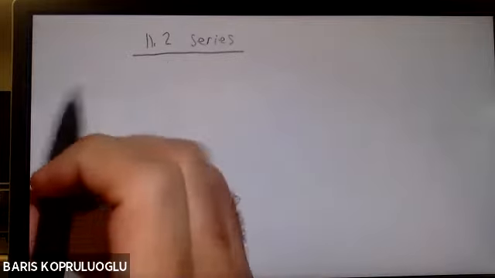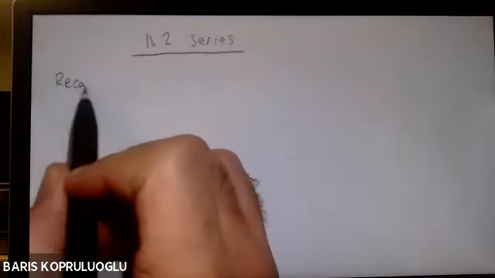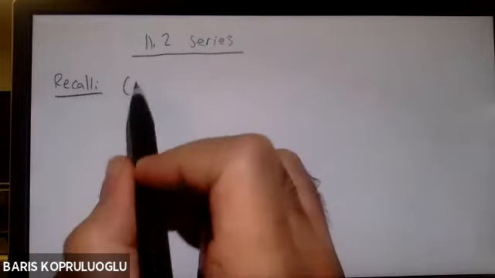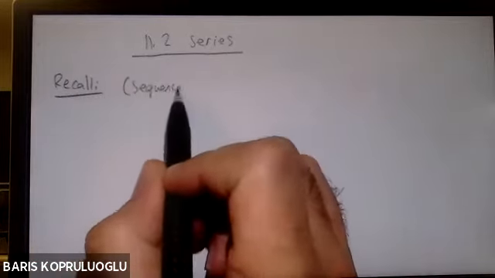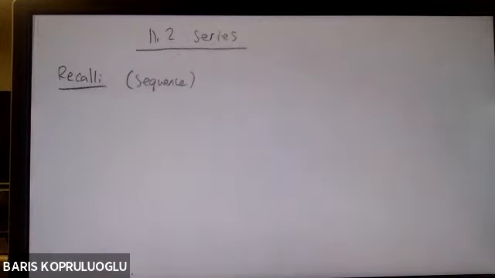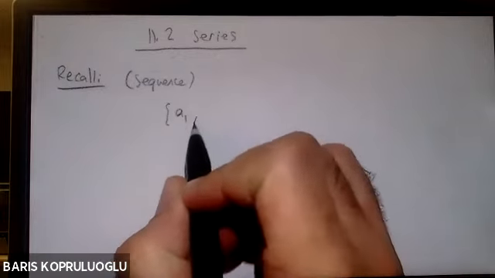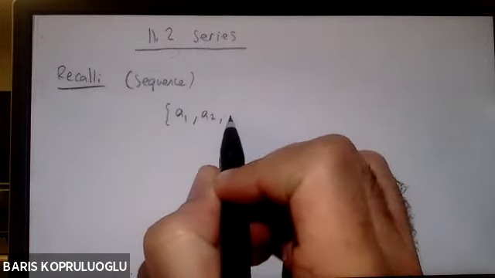So let's start with recalling sequence. What was a sequence? We covered it in 11.1, but I know it's been a long while. A sequence is pretty much a function. The only difference is the values we plug in must be positive whole numbers.